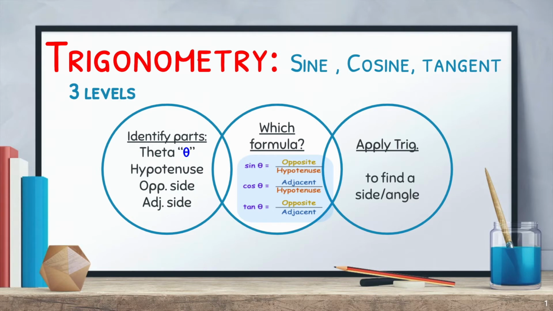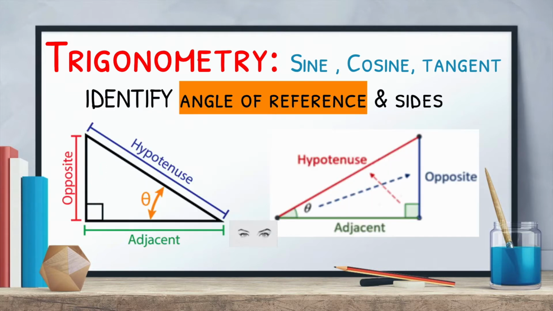3 levels. We will advance from identifying parts, to which formulas, to applying the formula to find sides or angles. Very important to know the angle of reference, and then from this angle of reference you can see the eyes opening and looking from this angle.